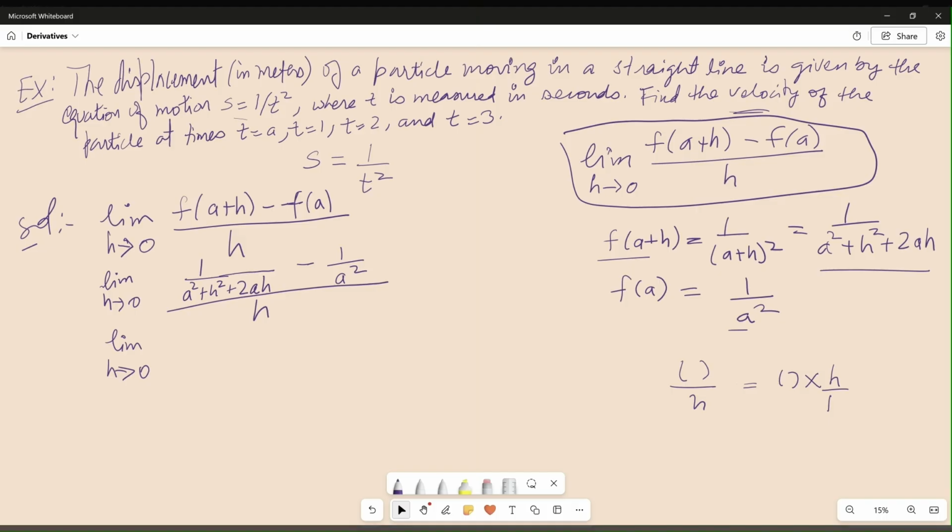So what we have here is, just take the common factors here.